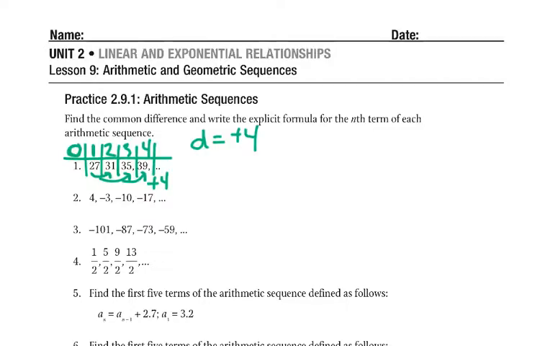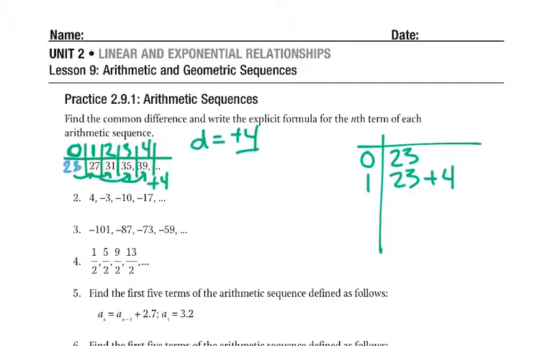So if we're going backwards, we would subtract 4 from 27, because we want to go back to this one. So it would be some number plus 4 equals 27. So if we subtract that, we get 23. Now, remember, for our explicit formula, the idea is that from where we started, with that common difference, we're taking 23 and adding 4 to it.